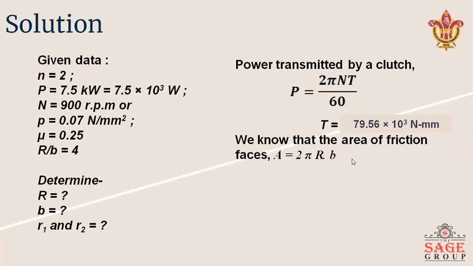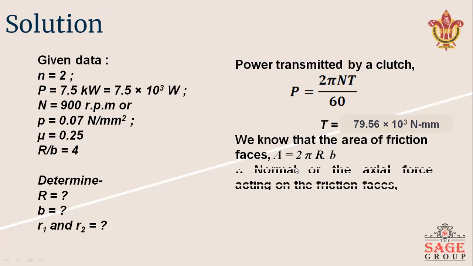And we know that the area of friction faces A equals 2 pi R b in terms of face width. And the axial force acting on the friction faces, W, equals pressure into area.